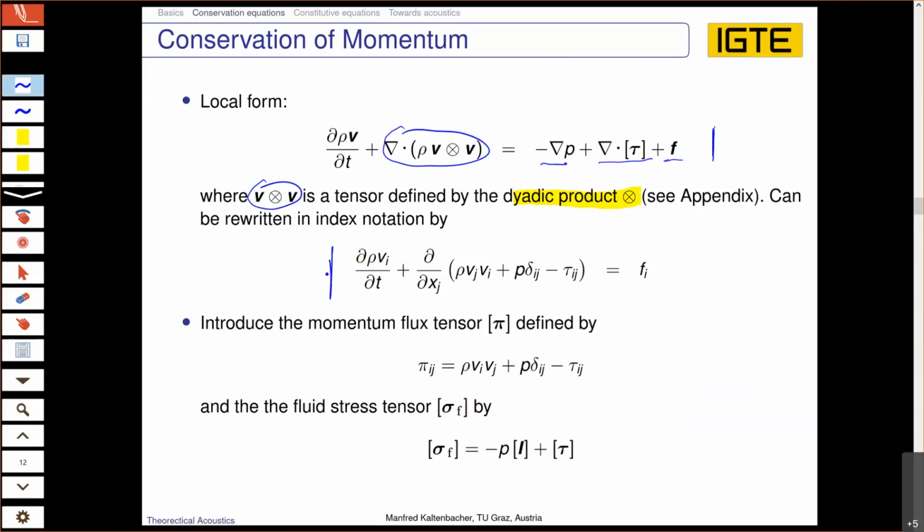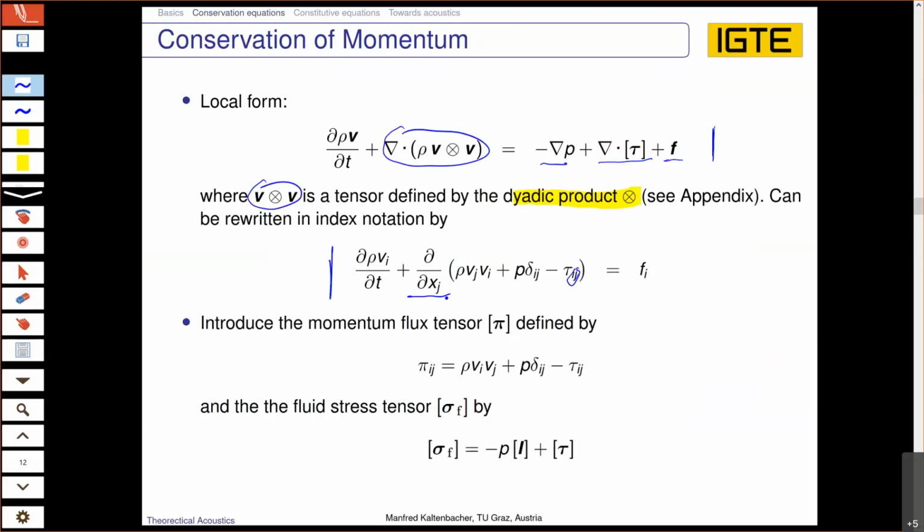And you see, actually, we have now two indices clearly, because tau is already a tensor of second order, so it has indices i and j, and we have to take here the spatial derivative with respect to x_j of this term here, and let i be constant. So where i takes on the value 1, we get the first equation, and j is going over 1, 2, 3. Then we take i equal 2, we get the second equation, and then we take i equals 3, we have the third equation.